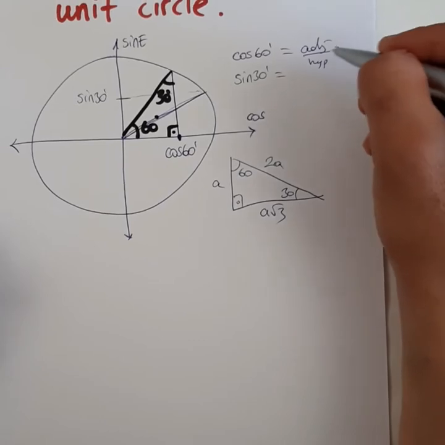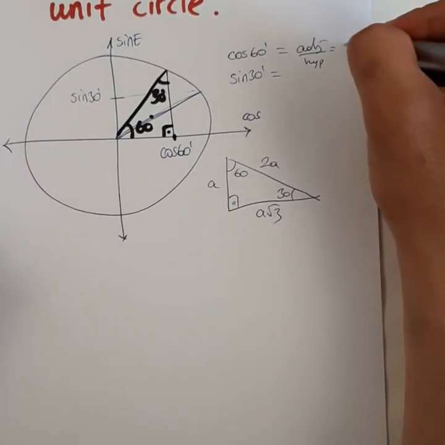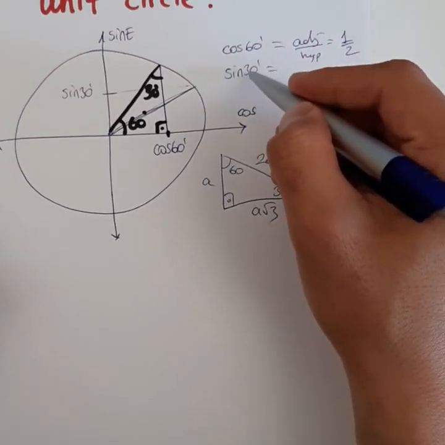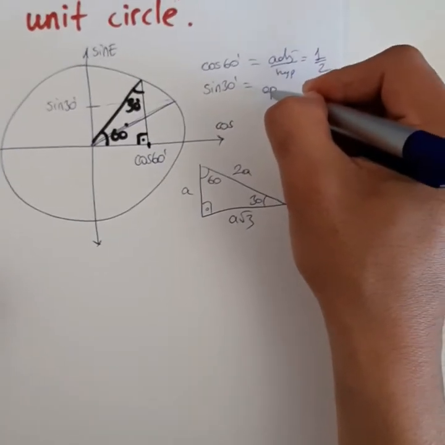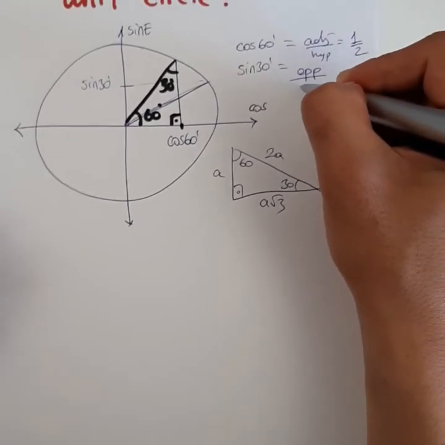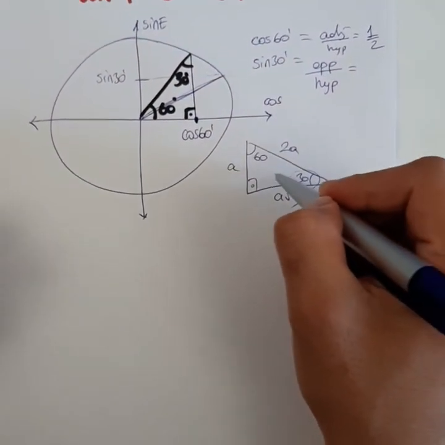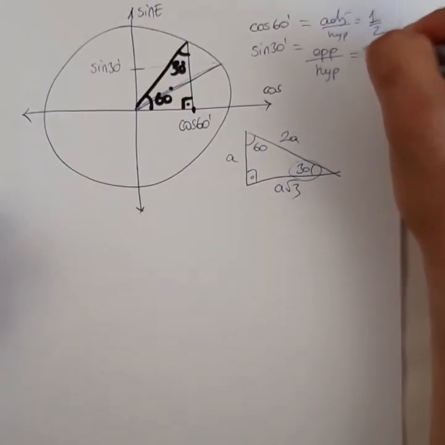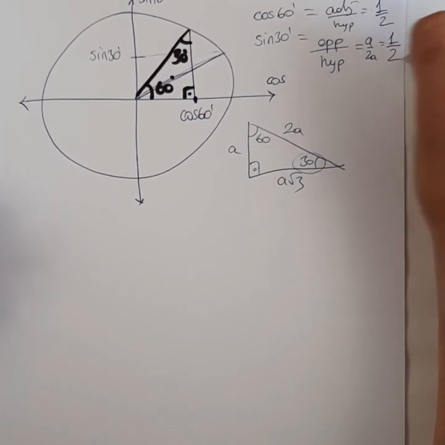The adjacent of this 60 is a and the hypotenuse is 2a, so we get 1 divided by 2. Sine 30 is opposite over hypotenuse, and the opposite side of 30 degrees is a divided by the hypotenuse 2a, so you will get 1 over 2.